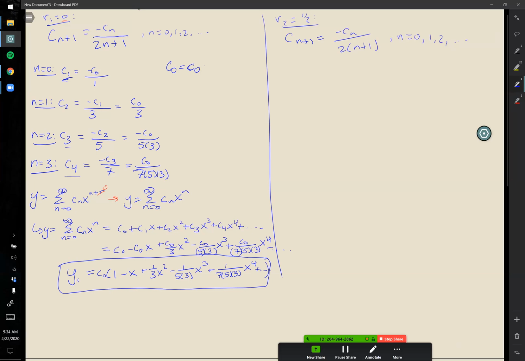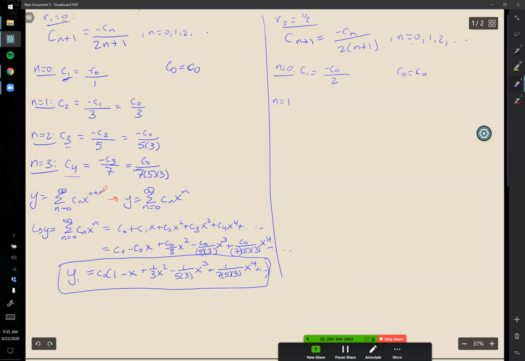So let's see. Here, r2 is equal to a half. Let's play the same game. It starts at 0, so n equals 0. We get C1 is equal to negative C naught over just 2. So C naught is just going to be C naught, left over there.